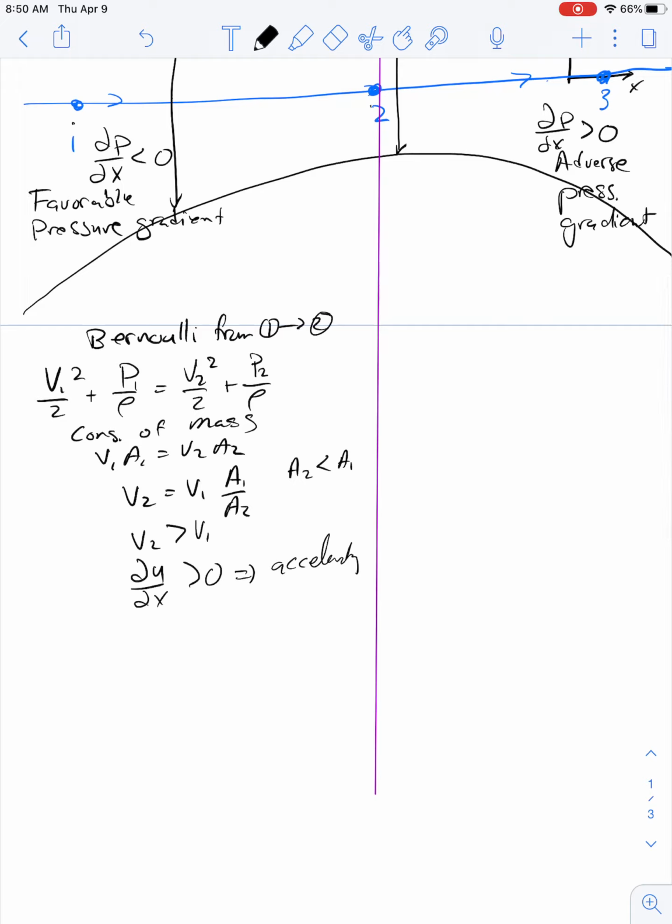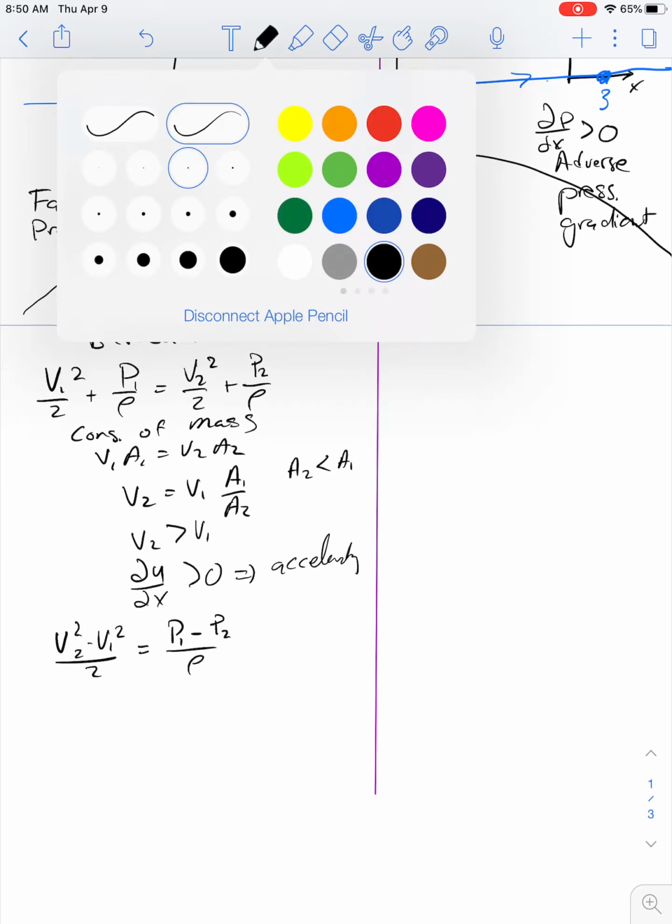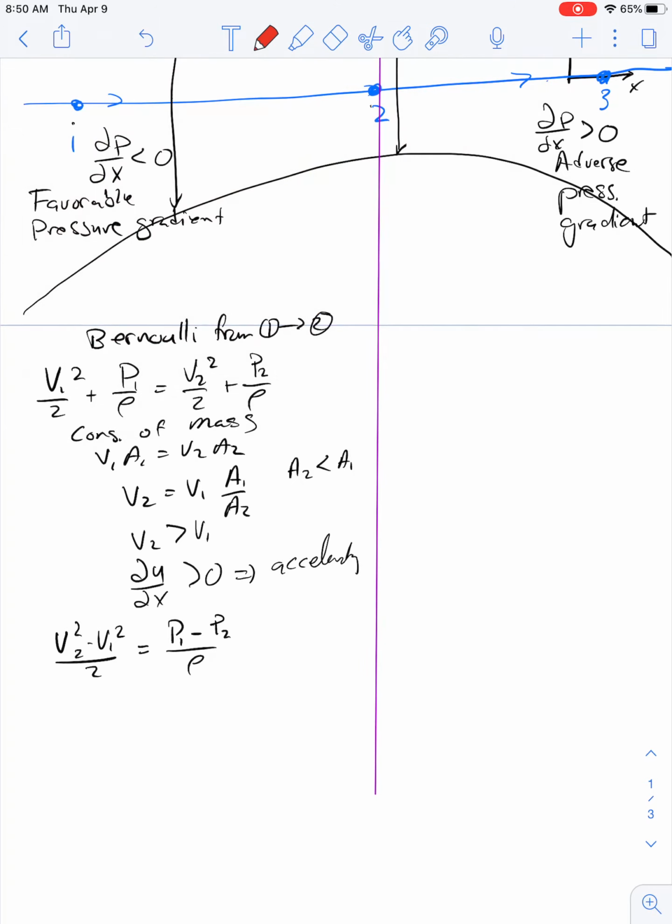We can rearrange Bernoulli's equation: V2 squared minus V1 squared over 2 is equal to P1 minus P2 over rho. Since V2 is greater than V1, V2 squared minus V1 squared needs to be positive. So that means P1 minus P2 is also going to be positive.